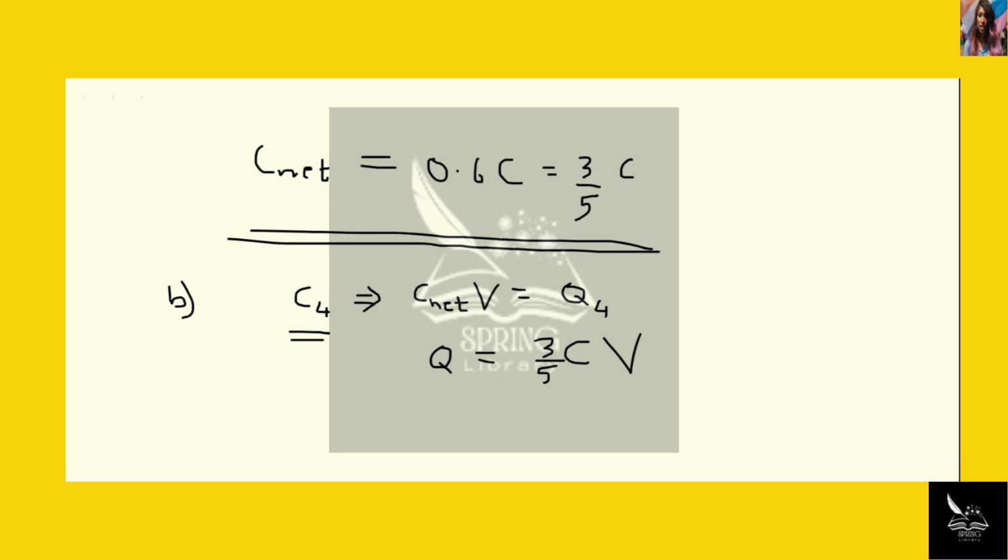Now, the system of C1, C2 and C3 have the charge deposition of 3 by 5 CV.